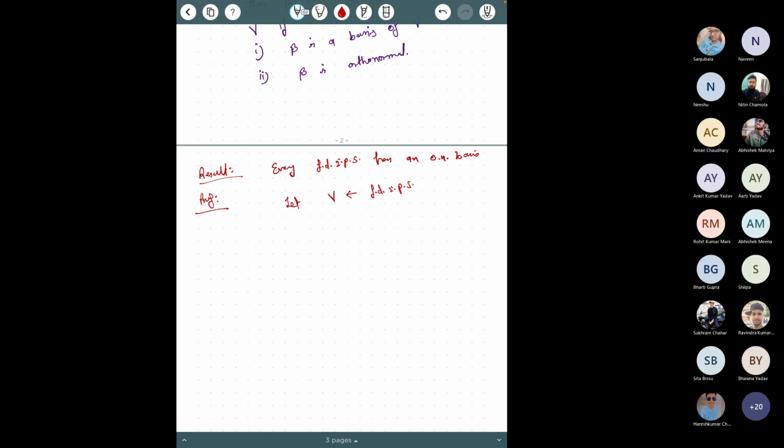But what is the guarantee of the existence of an orthogonal set? Any orthogonal set would not work; you need to show that it is an orthonormal basis, that means a basis which is also an orthonormal set. What is given is that V is finite dimensional. Sir, whatever basis it has, we can make it orthogonal, and that will also be a basis. Right, yes, that is the proof.